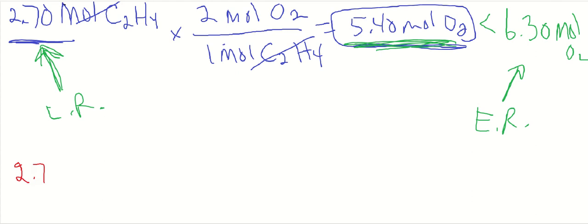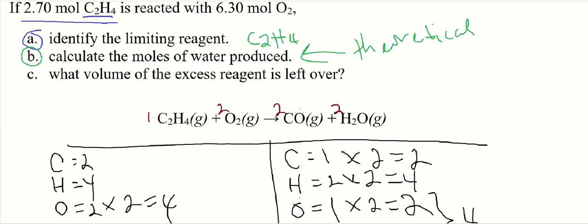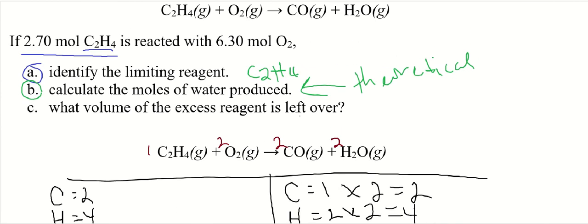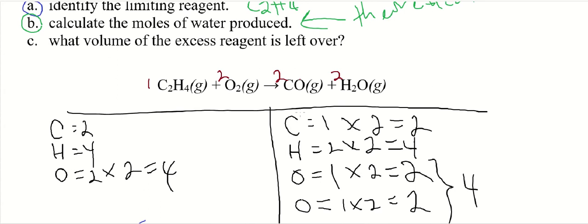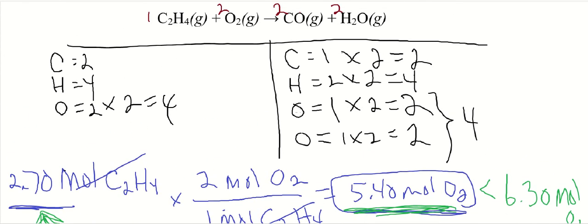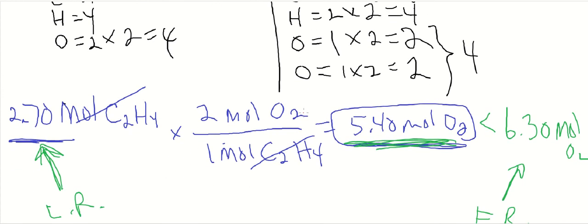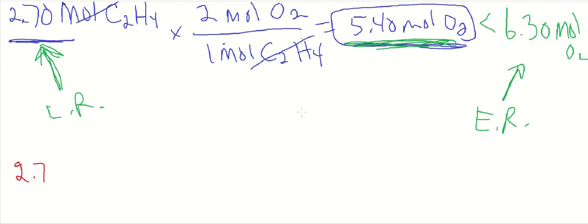2.70. What's the question asking? Calculate the moles of water produced. It's going to be the same. The mole-to-mole ratio is the same. So this is going to look the same.